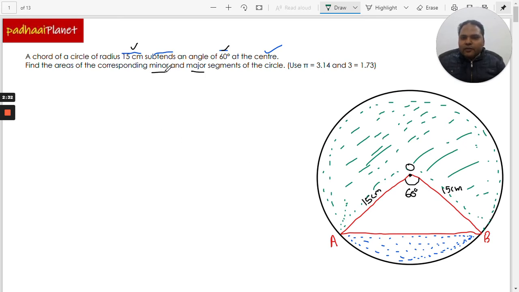So let's first identify the area of the minor segment. To find out the area of the minor segment, let's write the relationship for that.